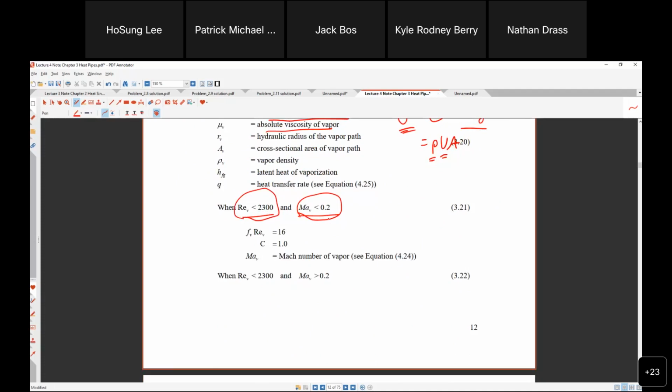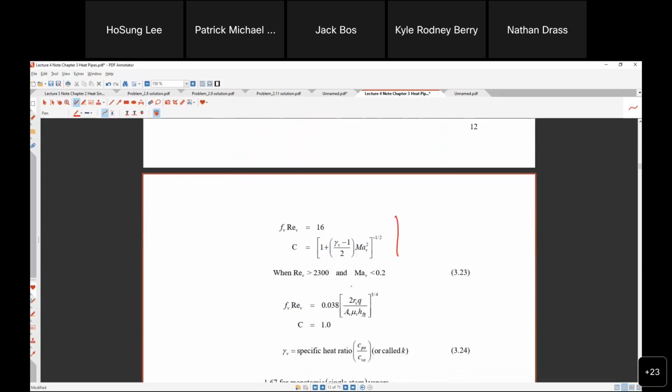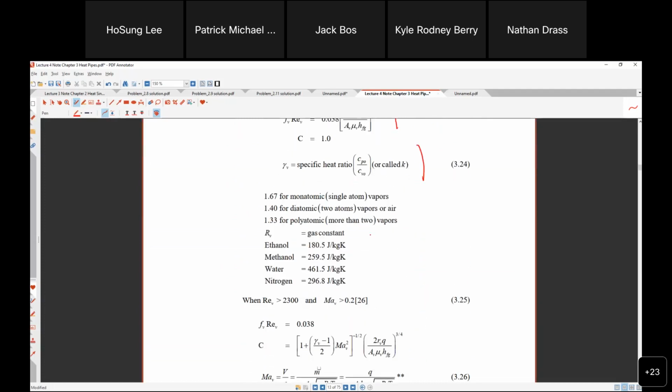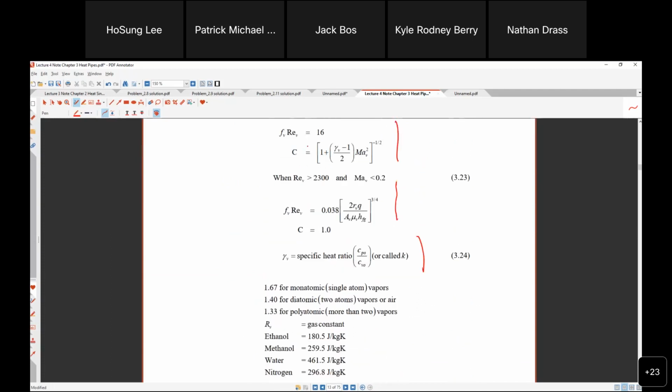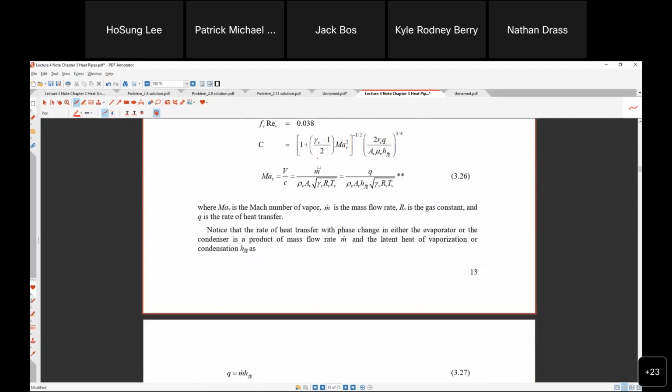Is it compressible or incompressible? Usually you use this Reynolds number. For turbulent, Mach numbers greater than this, use this. The problem is that we don't know until we calculate, so again you have to assume something, pick some value, and calculate.